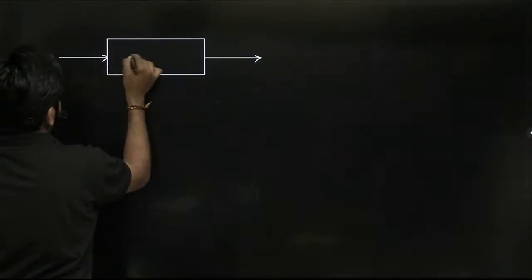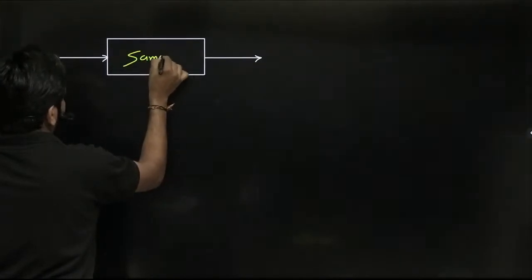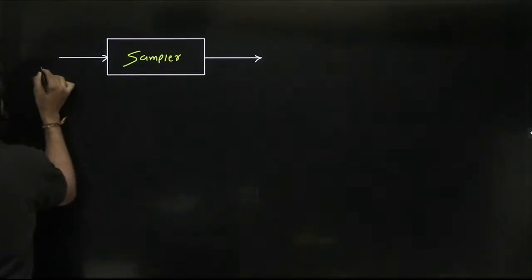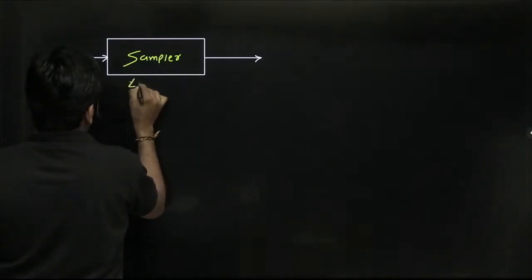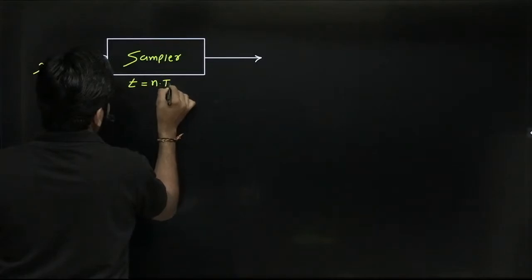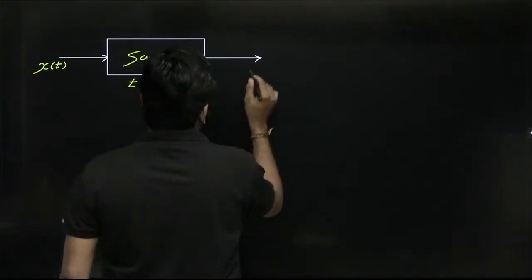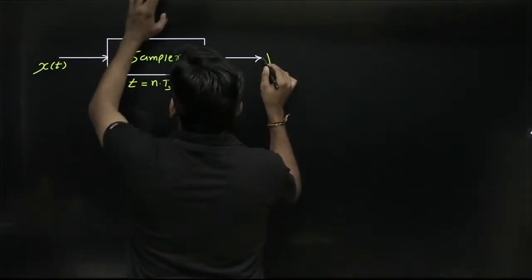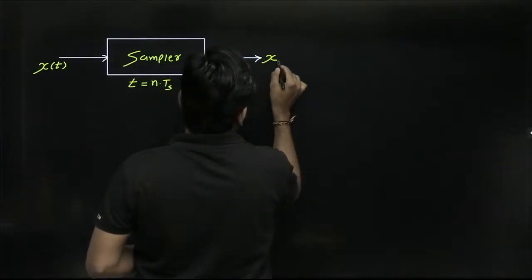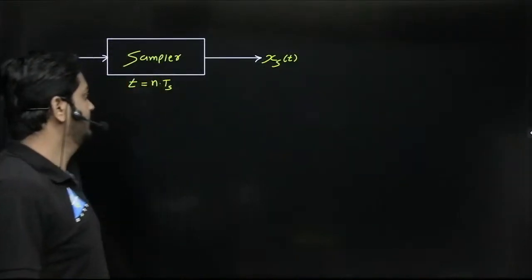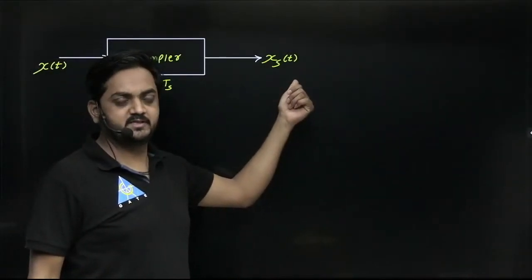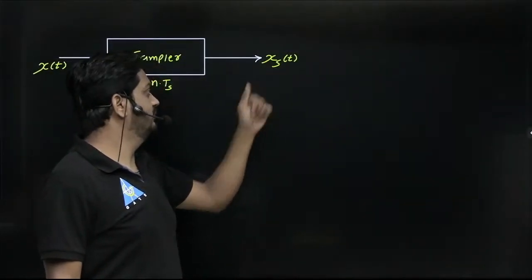Here the input signal is x of t, t becomes nTs, and the output is xs of t. S stands for the sampled signal, after performing sampling.